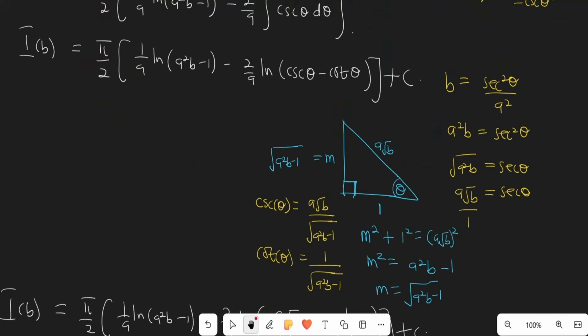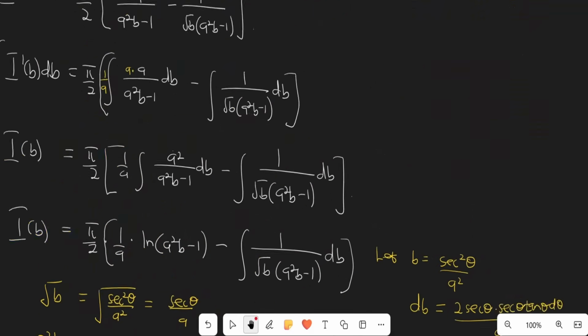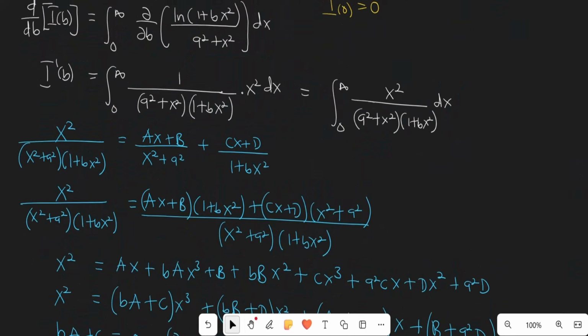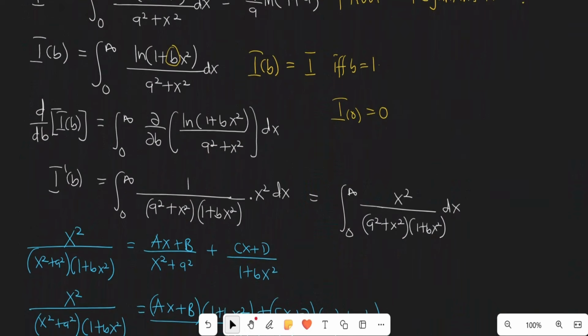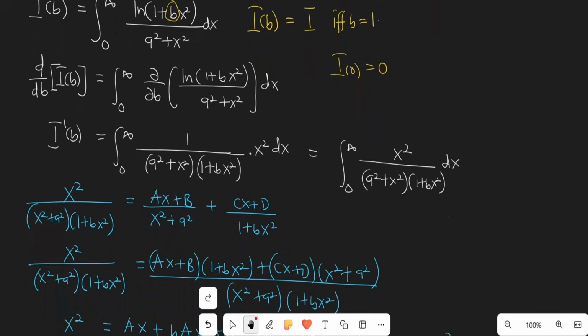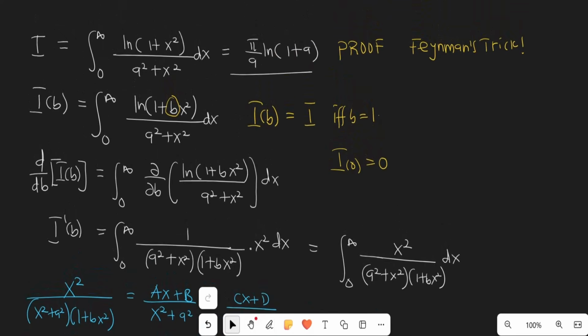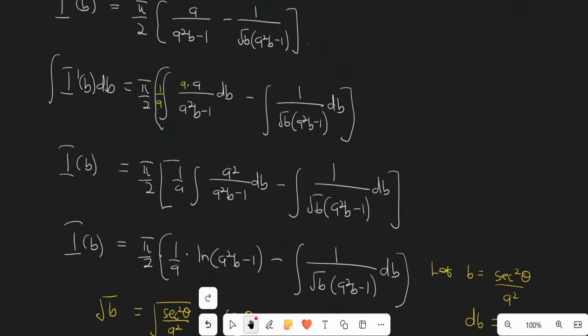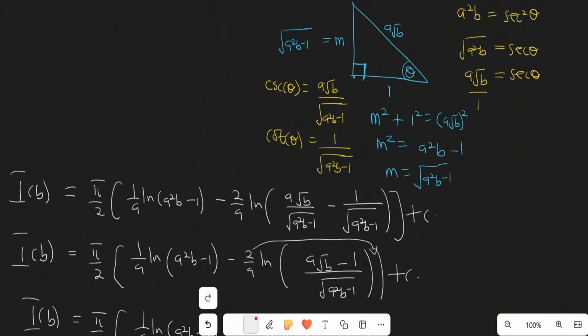Remember when I started, I said that the integral I introduced is equal to the original integral if and only if b is equal to 1, right? So I'm just going to replace b with 1 in the final result, and then I can get the proof, right?